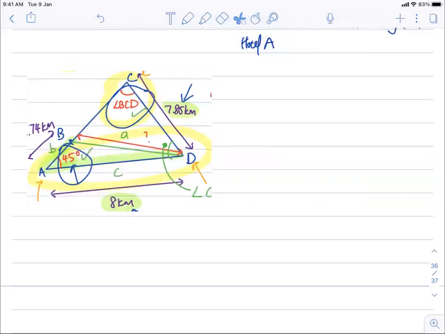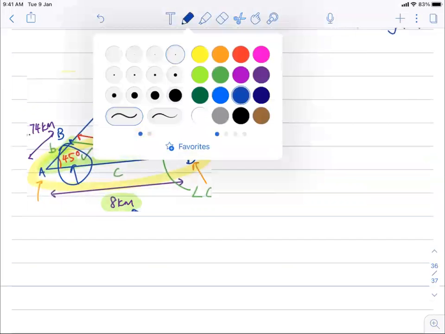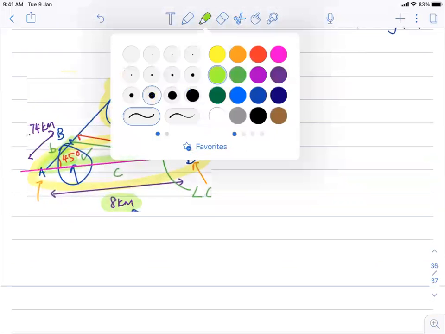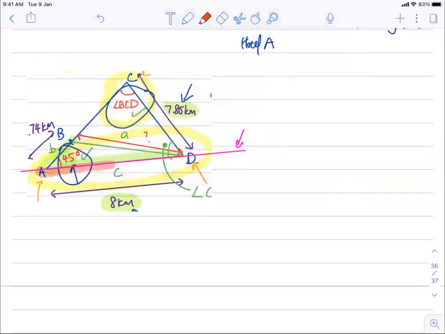Basically, what the question wants us to find is this one. Use another color, pink color. They want us to find if the car is moving along A and D, right? This line. If a car is moving along this line, it's another color. The car is moving along this side. You want us to find the shortest distance of the car from C. Here.